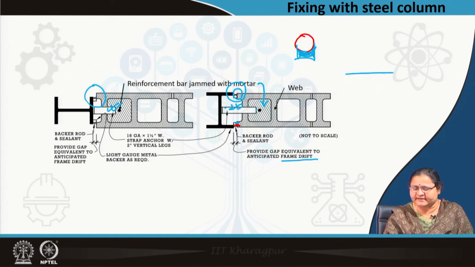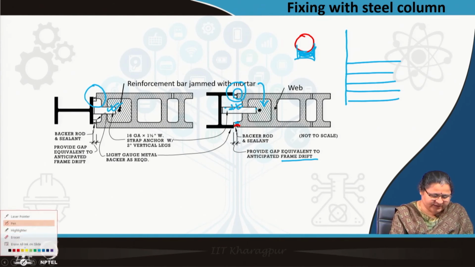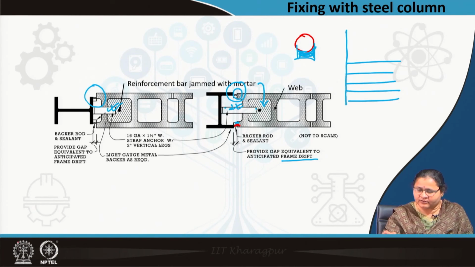If you see the section, it will be like this, where you have the steel column and the rod is actually passing through all these blocks, and this is finally jammed with the mortar. So, this behaves as a continuous wall connector.